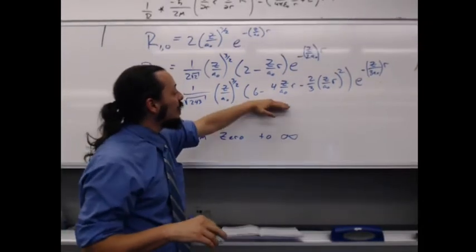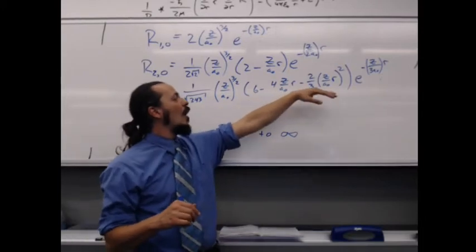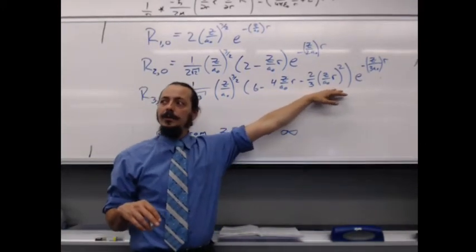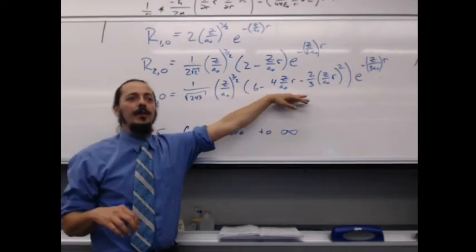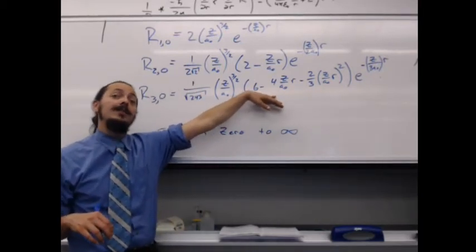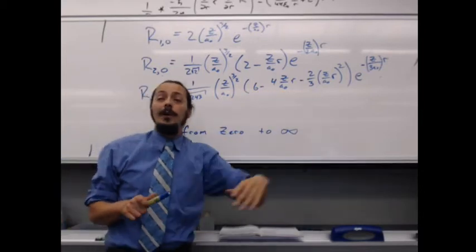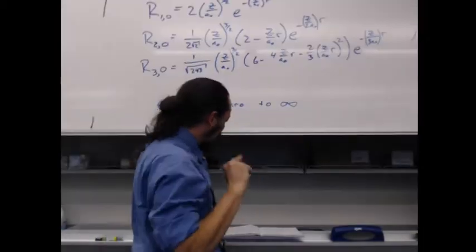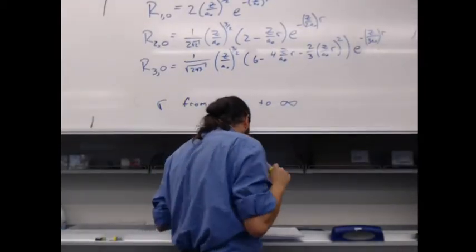And in this one, we have 6 minus 4r minus 2/3 r squared. This will have 2 nodes because the quadratic has 2 solutions that give 0. So we end up with plots that have some exponential decay and some polynomial plotted on top of it. And I've actually got something for us to look at.